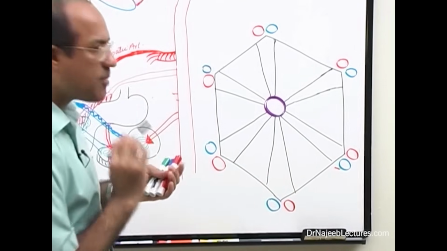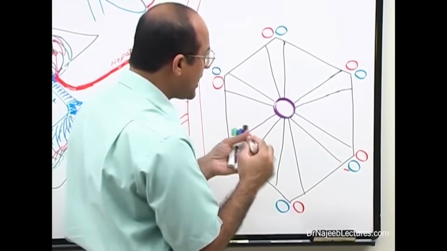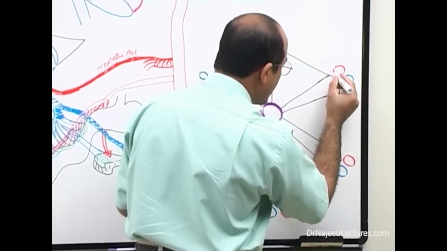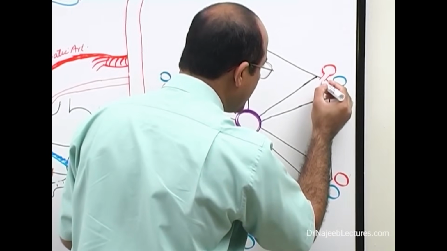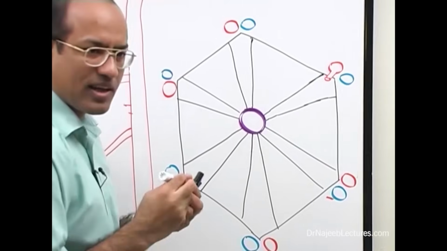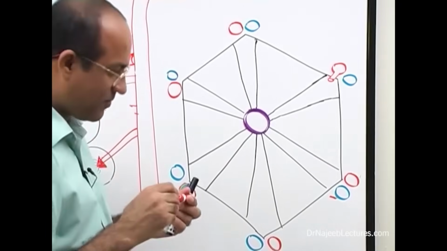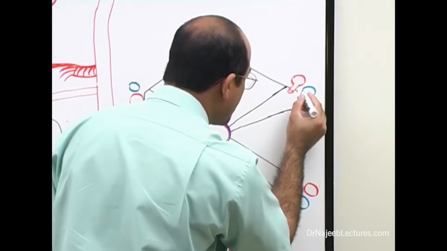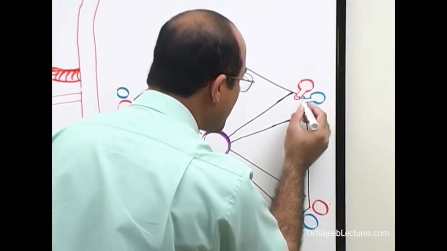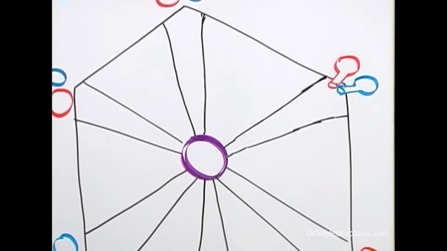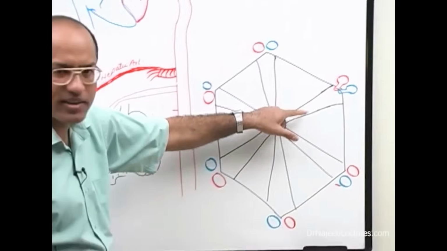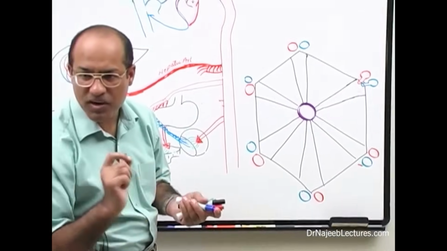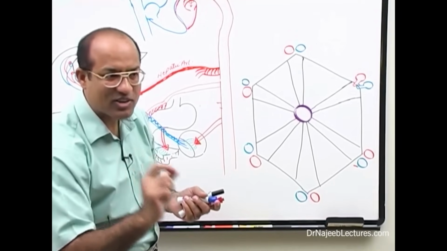Now what is really happening there? Blood from the hepatic artery is coming into this sinusoid, feeding it. And from the portal vein also, blood is coming into that. So every sinusoid is supplied by portal blood as well as hepatic arterial blood.